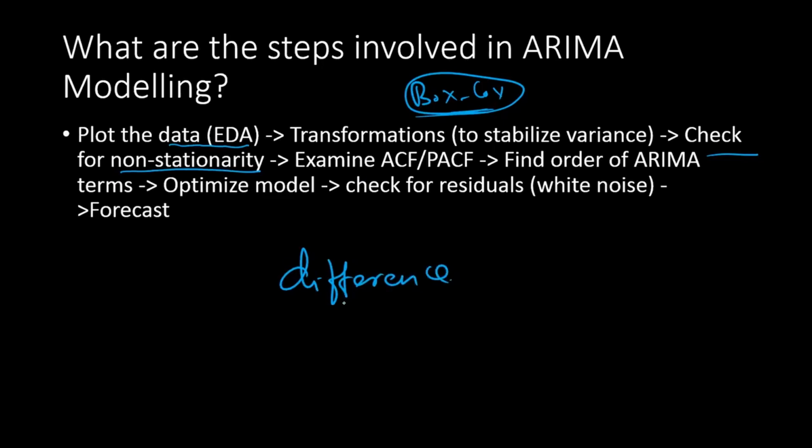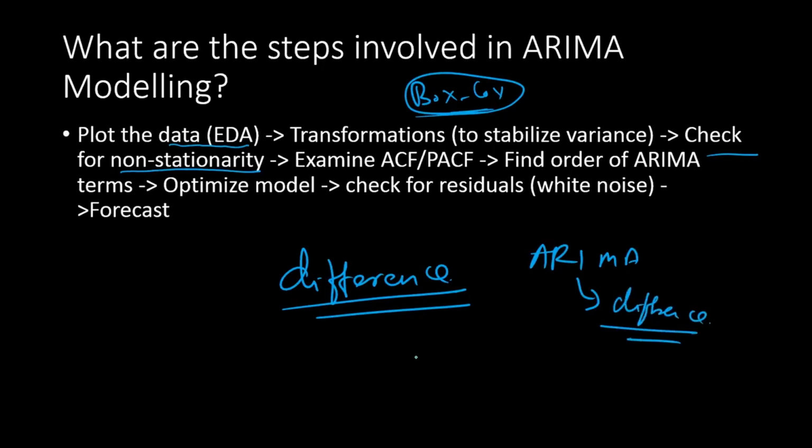In one of the time series videos on our channel, I have talked about how to do differencing and what exactly differencing is. In the ARIMA model, the I stands for the differencing parameter. When we talk about P, D, and Q, D is the number of differencing steps that you are doing in the ARIMA.